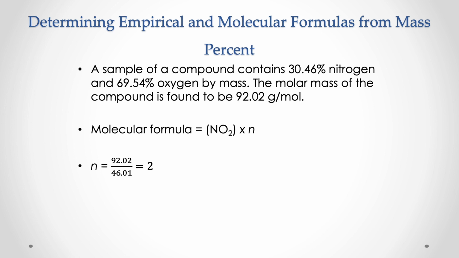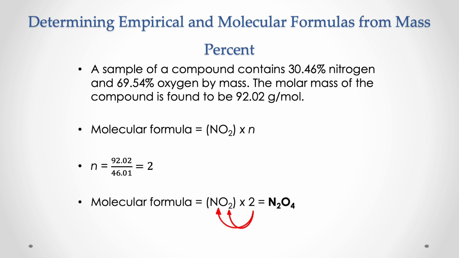Here, the molecular formula molar mass, 92.02 grams per mole, was given in the problem. The empirical formula molar mass is the molar mass of NO2, 46.01. We can distribute the ratio of 2, and the molecular formula is N2O4.